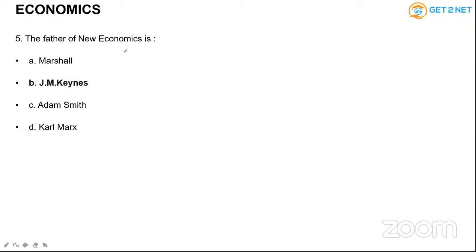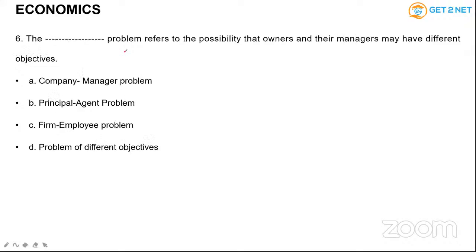The dash problem refers to the possibility that owners and their managers may have different objectives. First option, company manager problem, principal agent problem, firm employee problem, problem of different objectives.